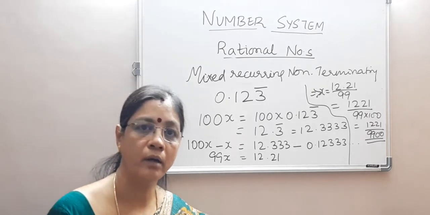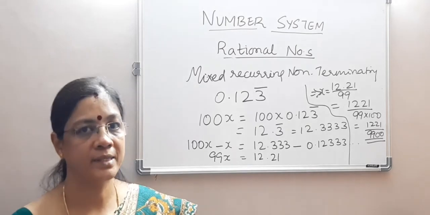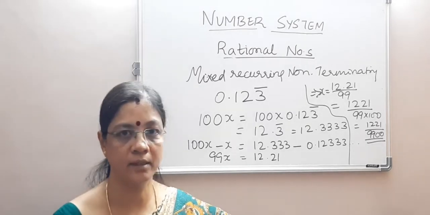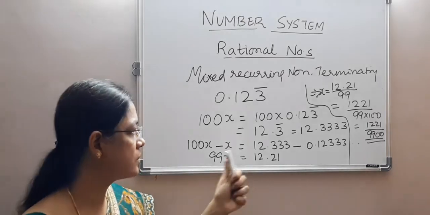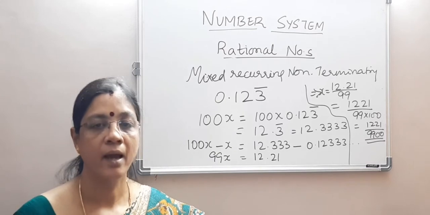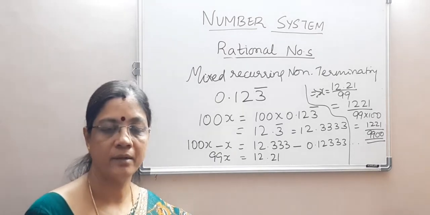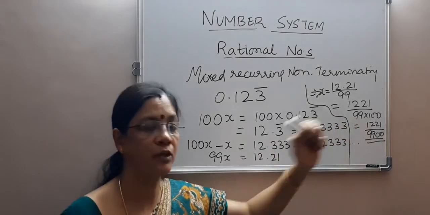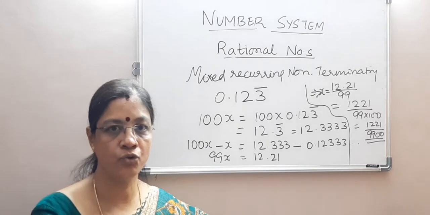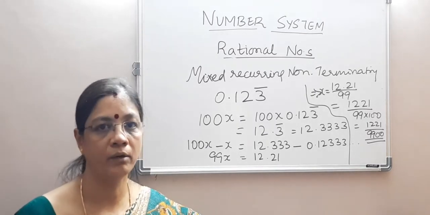And in non-terminating rational numbers, we had pure recurring and mixed recurring, and there is another type called non-recurring. We will be seeing it in the next class. So this class we saw about mixed recurring rational numbers, and we have converted the mixed recurring decimal expansions to rational numbers in the P by Q form, and they need to be reduced to their lowest form so that they don't have any common factor.